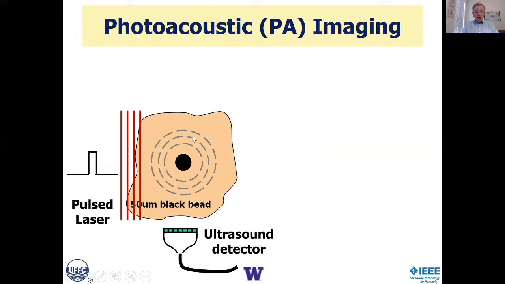When this light propagates and diffuses into this object, anywhere there's absorption, there can be a localized heating. And so for the example shown here, let's say we have a 50 micron black bead, so it absorbs all wavelengths. And so when that light is absorbed here through thermal expansion, there's a slight change in volume in the region.